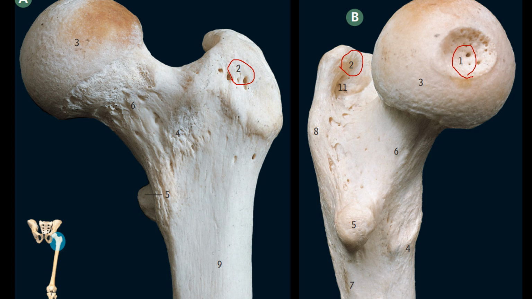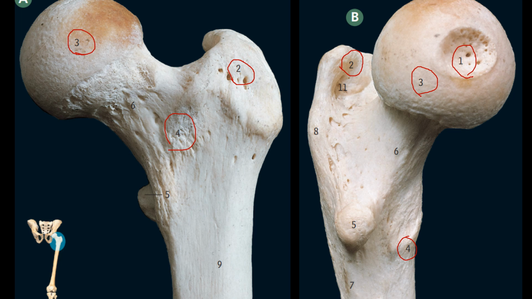The third structure is the head of the femur. This is the anterior view of the head of the femur. The fourth structure has very little margin in the posterior view and is clearly observable in the anterior view: the intertrochanteric line.